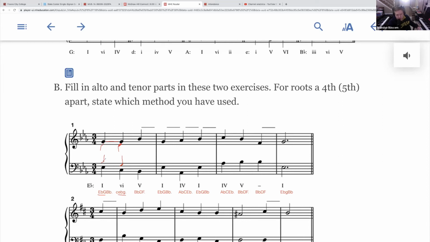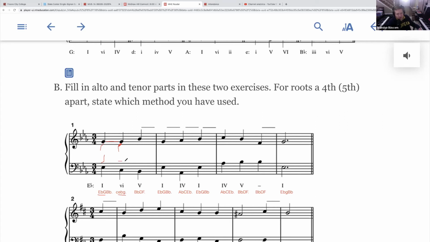I went from root fifth, root third to root fifth, root fifth. Root fifth, third, fifth. So I doubled my fifth. And as a result, I have a big fat parallel fifths in the left hand. Sounds like a bunch of strings tuning. No good. So what do I got to do instead?